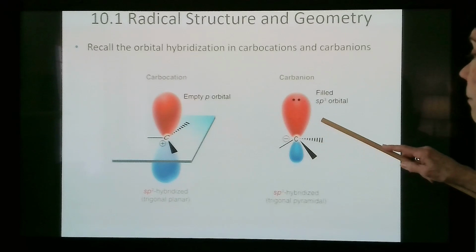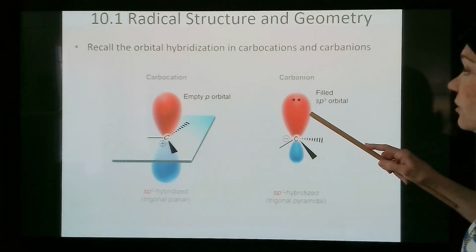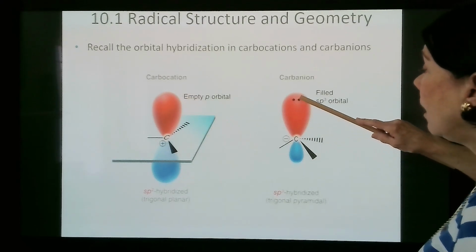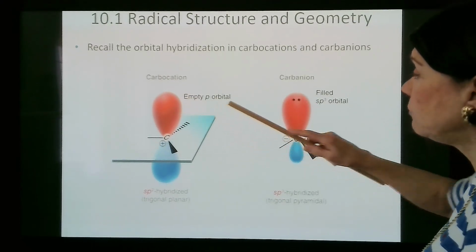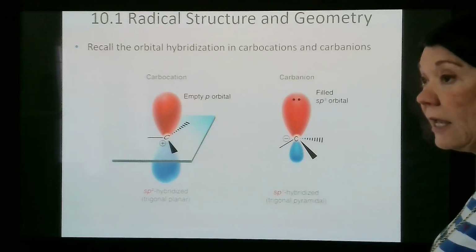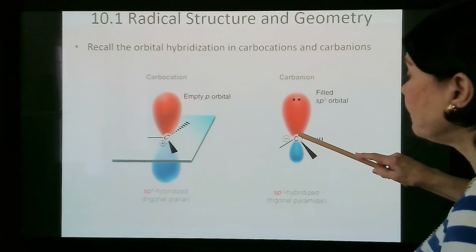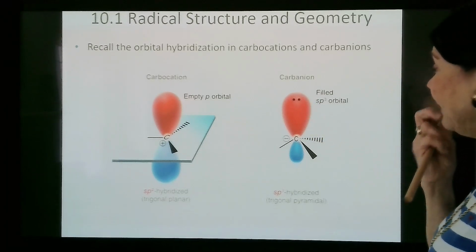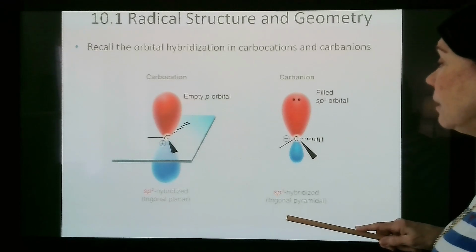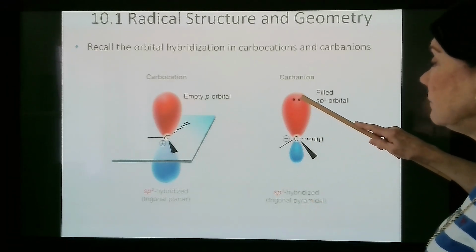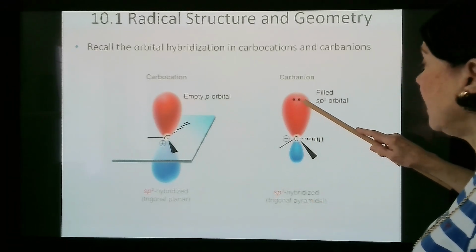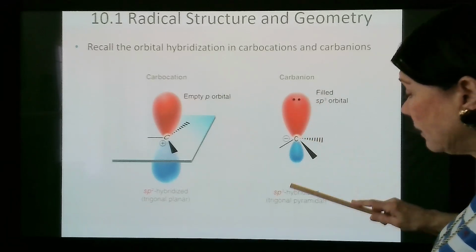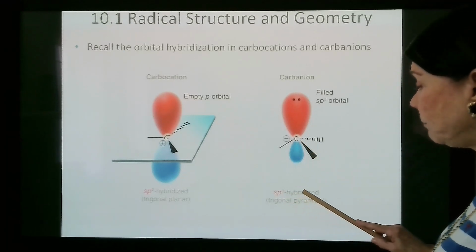We haven't covered so much that carbanions, this is the molecule in which there are two electrons. Instead of having an empty p orbital, you have two electrons in that orbital, and that carbon bears an orbital that has an unbonded pair of electrons, this orbital is filled, and it is an sp3 hybridized orbital because that carbon is sp3 hybridized.